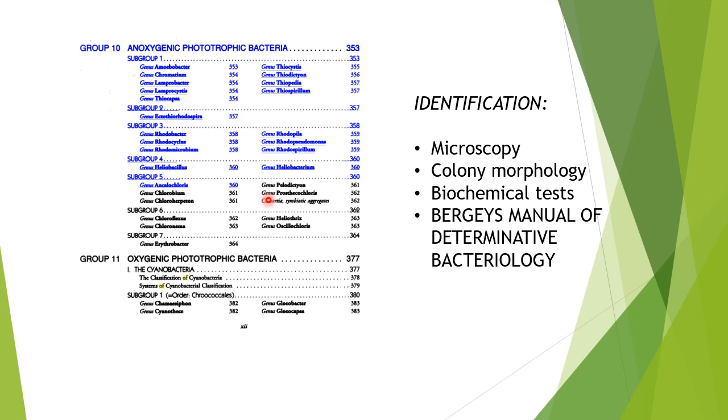Various examples are covered under subgroups 1 to 7. In the case of group 11, that is oxygenic phototrophic bacteria, there are many examples covered. You can see the classification of cyanobacteria, with I guess 5 to 6 subgroups. So depending on the biochemical tests described in Bergey's Manual, you can perform the identification.